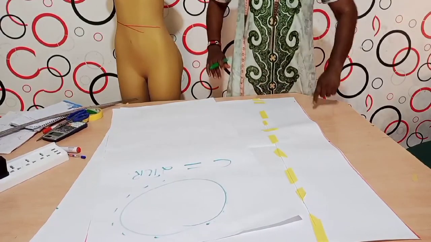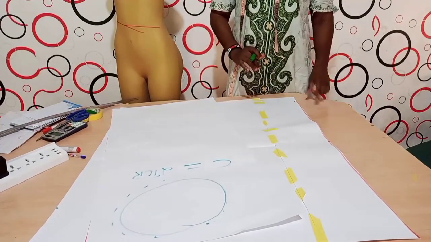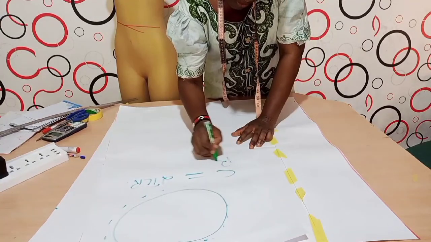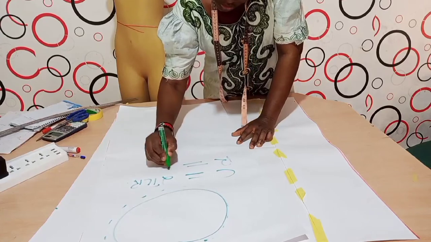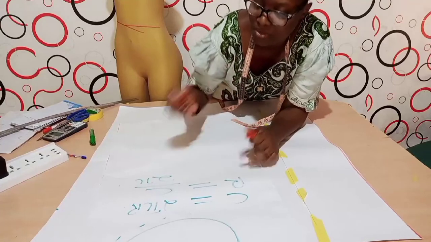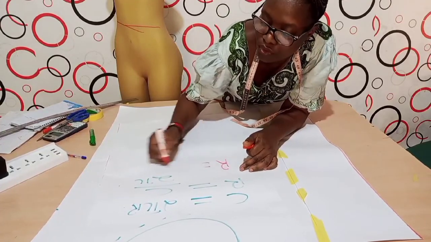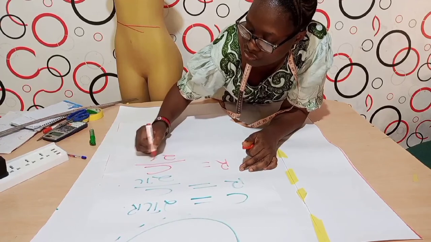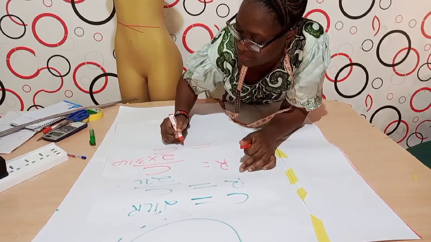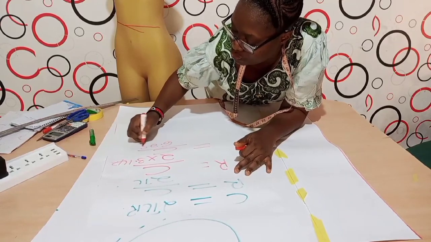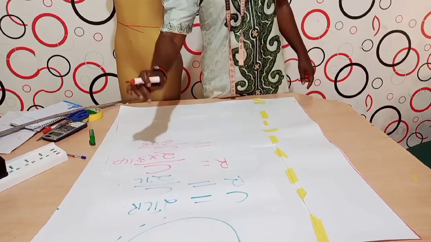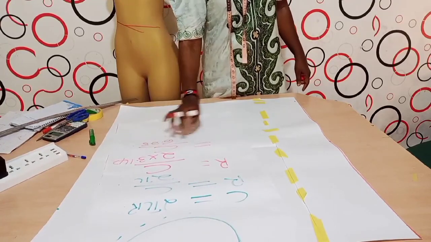We already know our circumference, and pi is a constant, which is 3.142. To get our radius, it will be radius is equal to C all over 2 pi. So our radius will be equal to circumference all over 2 times 3.142, which is circumference all over 6.28. Once you know the circumference, just divide it by 6.28 and you will get the radius.